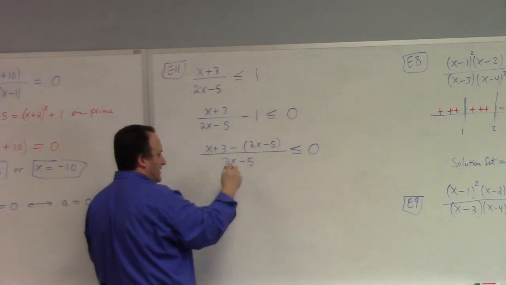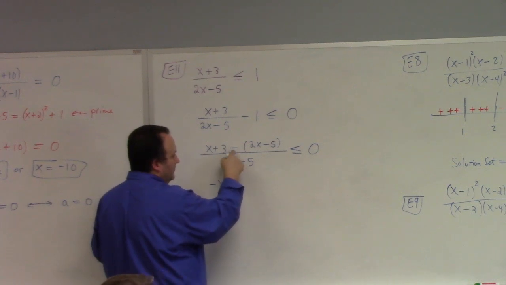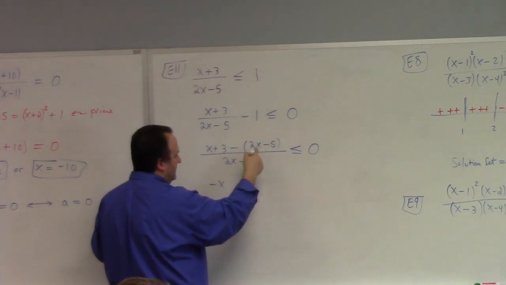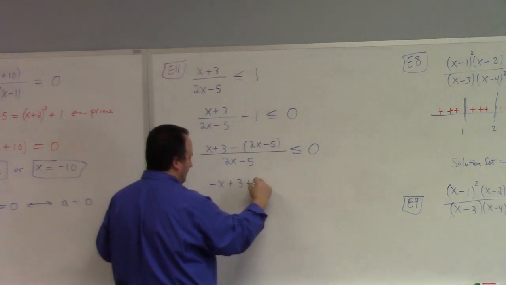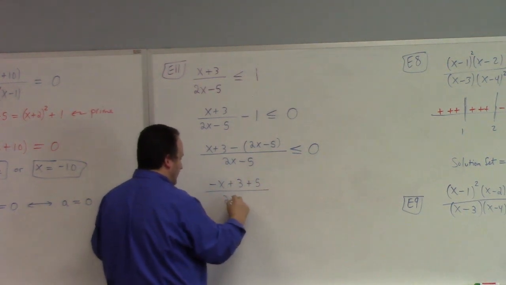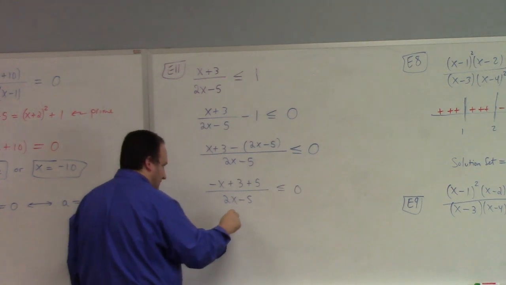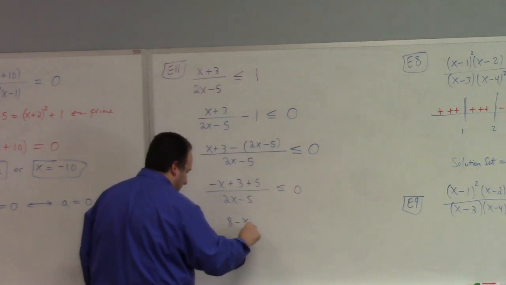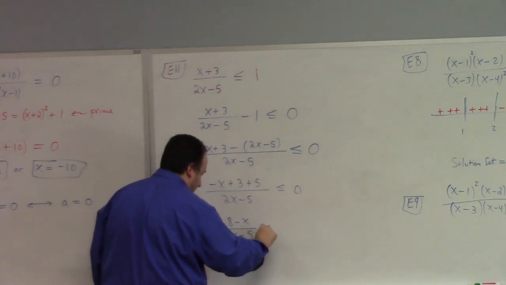So this gives us a minus x, and plus 5, so plus 3 plus 5, right? Over 2x minus 5 less than or equal to 0. So one more step. This is 8 minus x over 2x minus 5 less than or equal to 0.